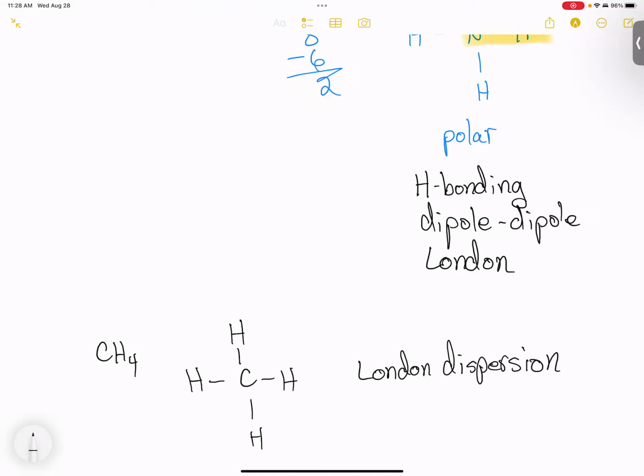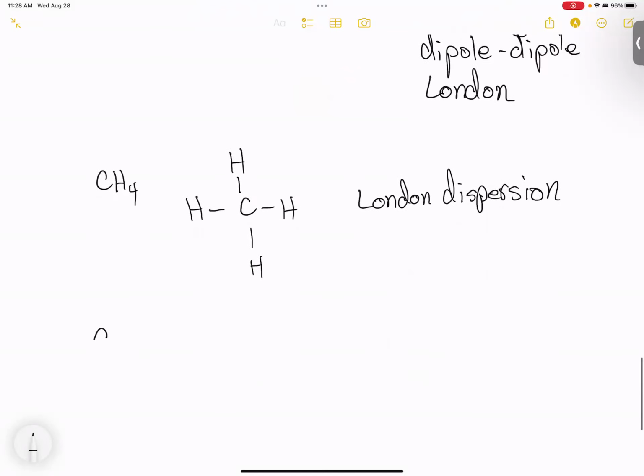Yes, if you've got different elements on it, for example, CCl4 is this compound.